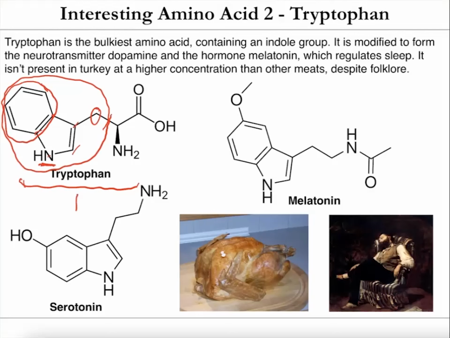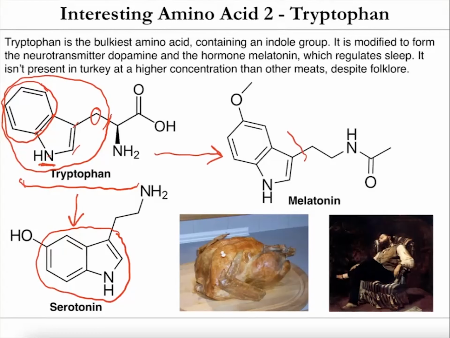One reason why it's very interesting is that the amino acid is converted into serotonin, which is a really important neurotransmitter. You can see that these two structures are pretty similar. So this indole ring in serotonin is just going to be derived from tryptophan. Another molecule that tryptophan is converted into is melatonin.